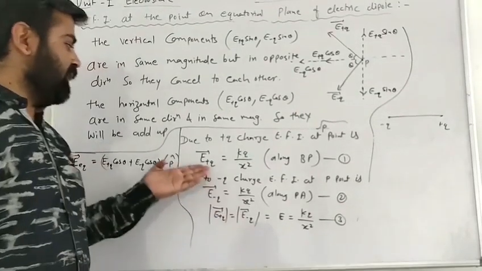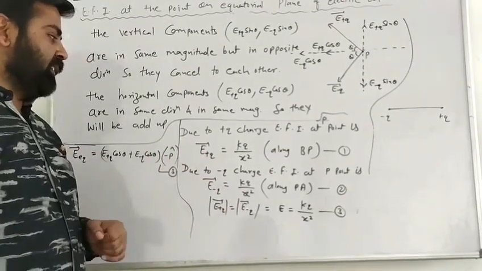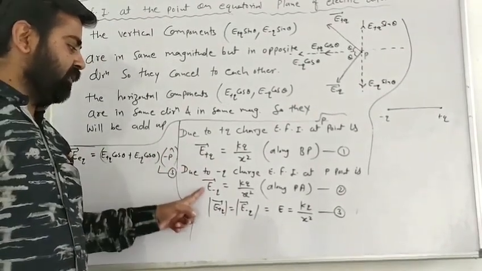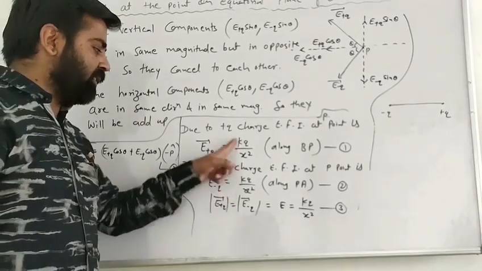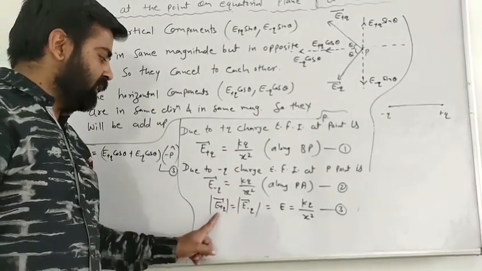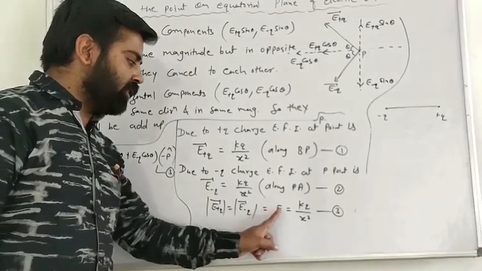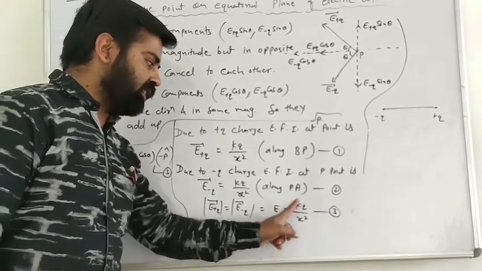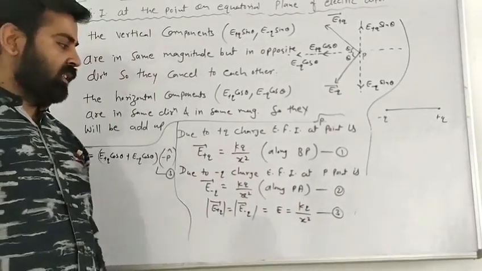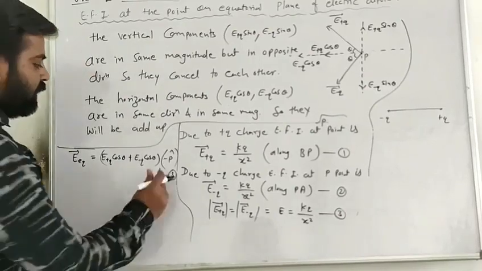As we discussed in equation first and equation second, from equations 1 and 2 we conclude that the magnitudes are the same, so we write E plus q is equal to E minus q is equal to E, and this is kq upon x square. This is equation 4.